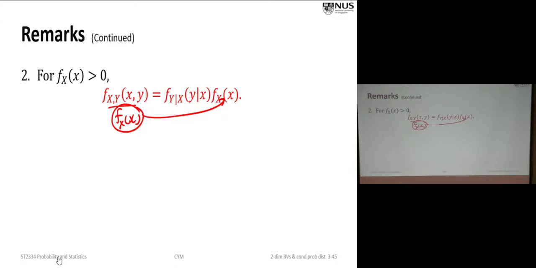Now how about this? I know f of x. I also know f of x given y. Can I multiply these two to get back the joint distribution? No. This one is how x behaves. This one is how x behaves given y. And no, you cannot multiply these two to give you something meaningful.